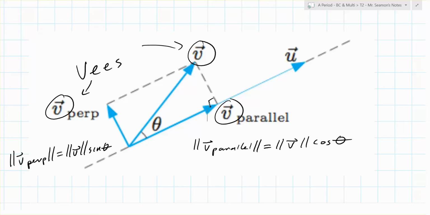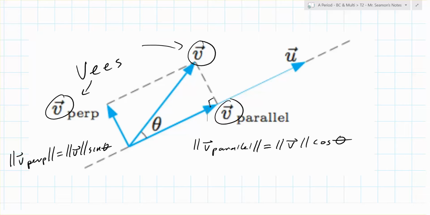So if we wanted to find the vector representation of this v parallel, not the magnitude, we would need a direction and a magnitude. Do we have the magnitude? Yes, the magnitude is right here. What's the direction it needs to go in? u. What's the magnitude of u right now? 1.